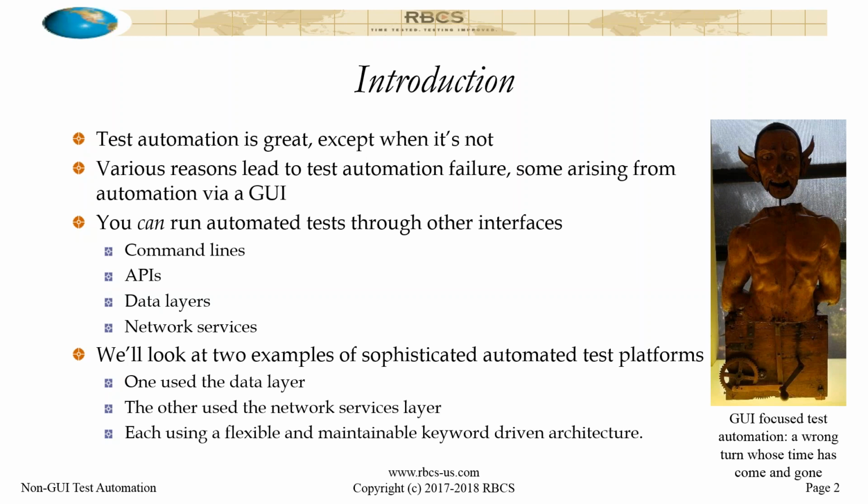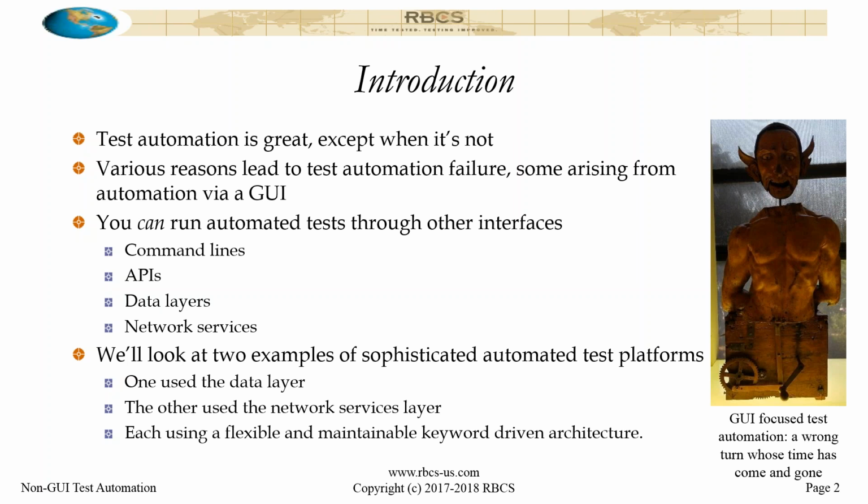Of course, you probably have API layers available. Not available to everybody maybe, but available at some point in the build and delivery pipeline of your continuous integration system. So you can automate there. Data layers, applications generally do have data layers, and you can automate at the data layer, and I'm going to show you an example of that.